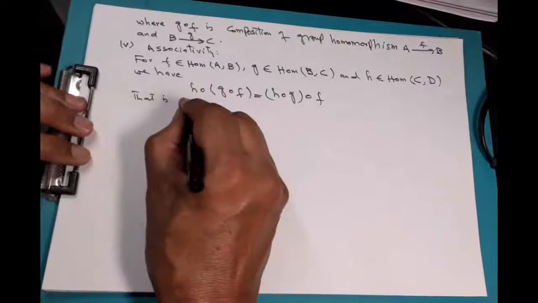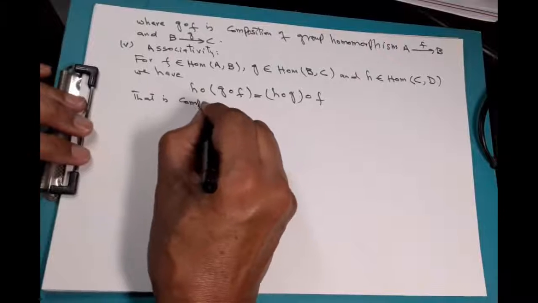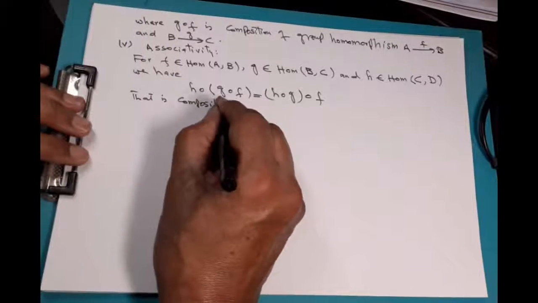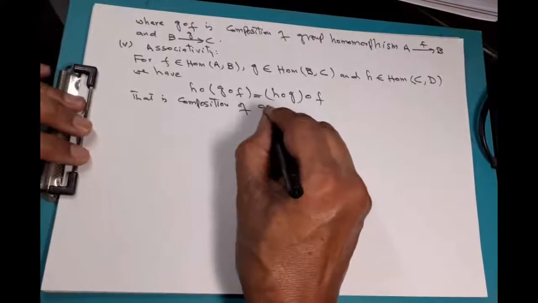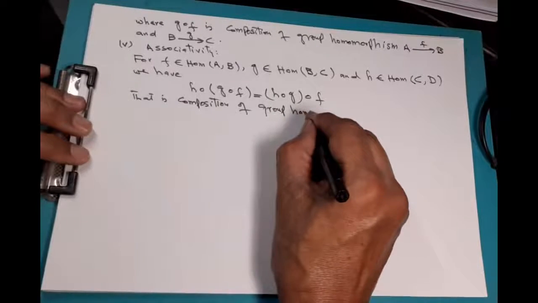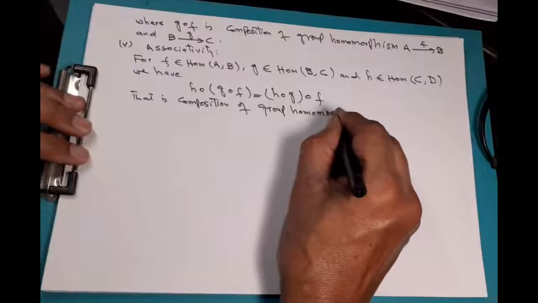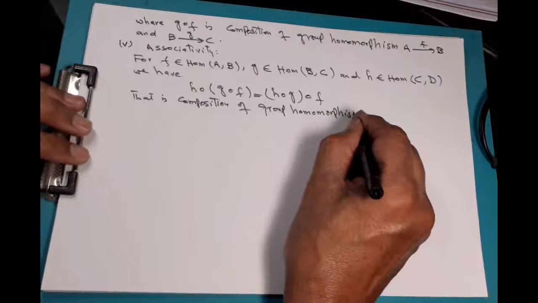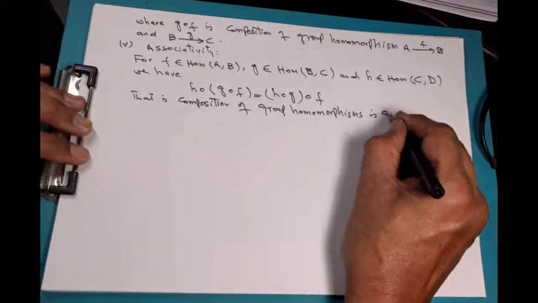That is, composition of group homomorphisms is associative.